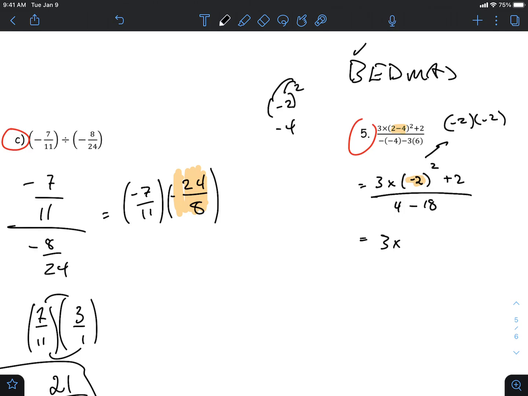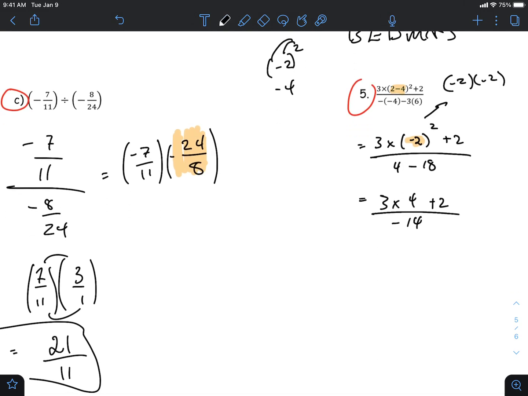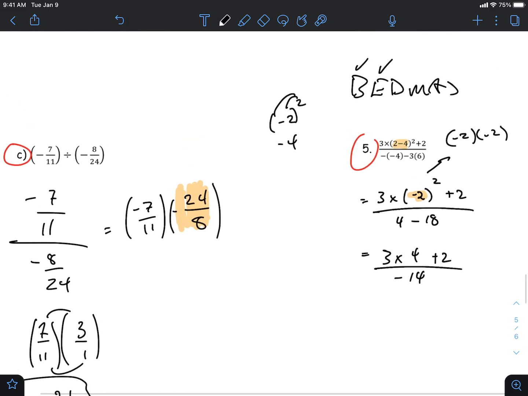So we're going to get 3 times negative 2 squared would be 4, plus 2. Over, we can do the bottom, 4 minus 18 would be negative 14, sorry. Any issues so far? Okay, so now you check your BEDMAS. You've done the exponents. I guess you're going to check for any division in the top.